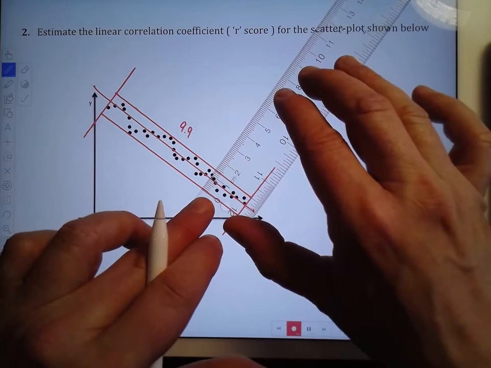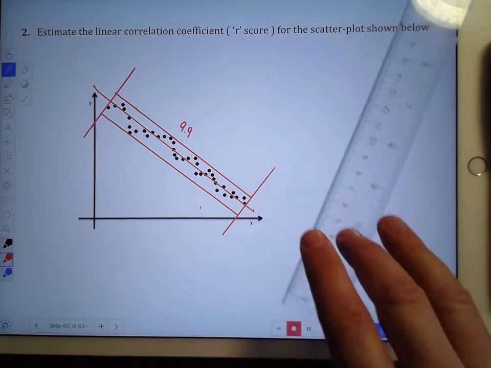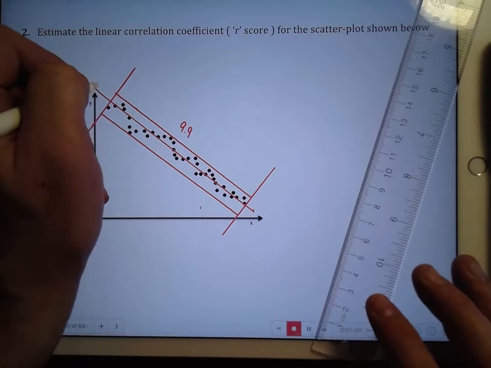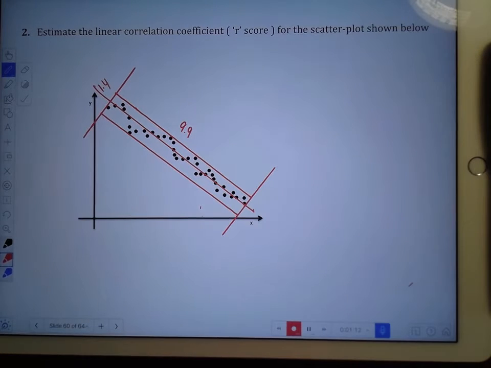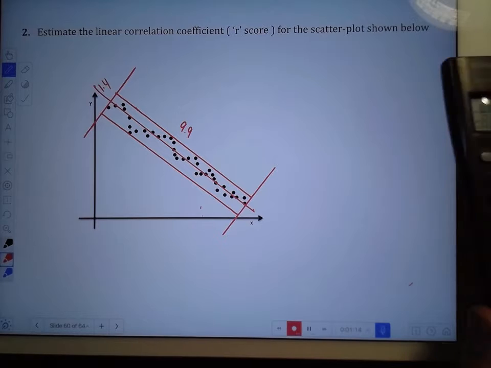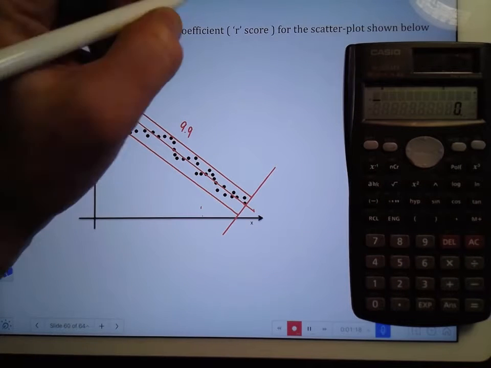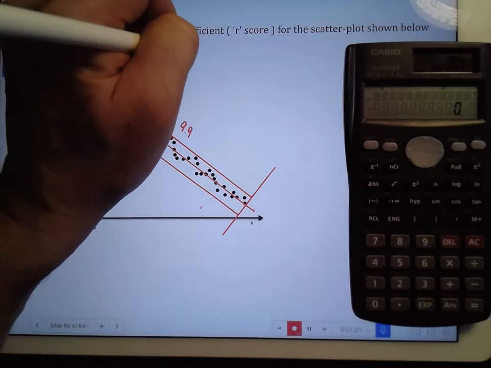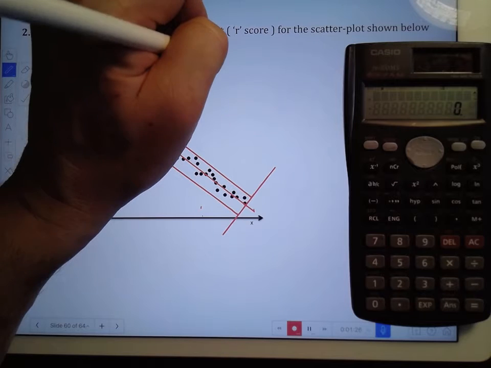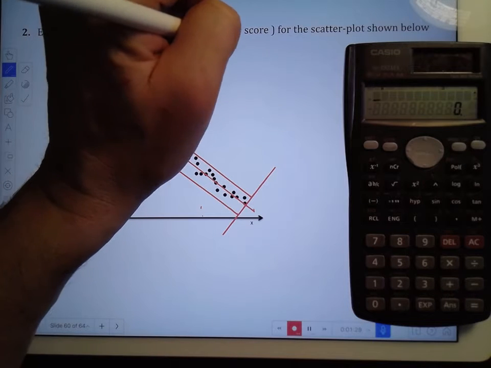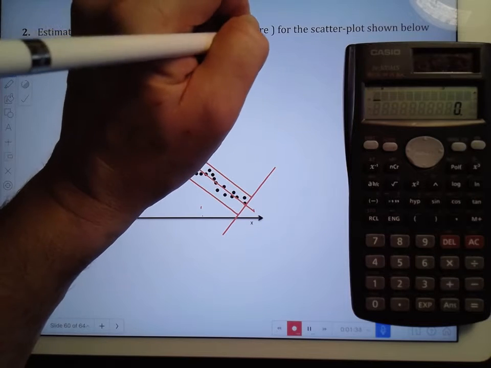So when I measure the width, I'm looking here at 1.4. So 9.9 for the long side and 1.4 for the short side. The formula says R is equal to plus or minus 1 minus small over big.